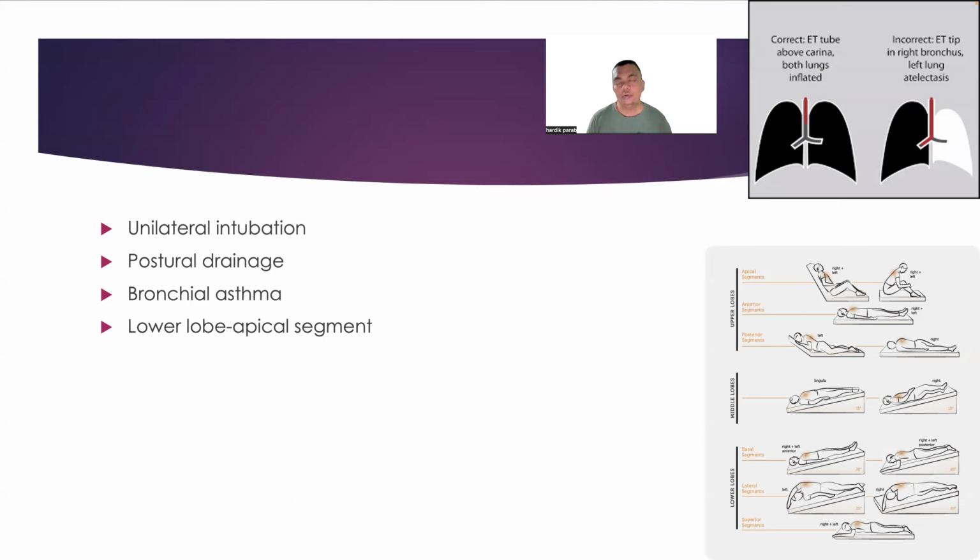Only the right lung will get ventilated air, and the left will not get it. So the left lung will collapse. That kind of unilateral intubation can give rise to this complication, where the left lung will collapse.